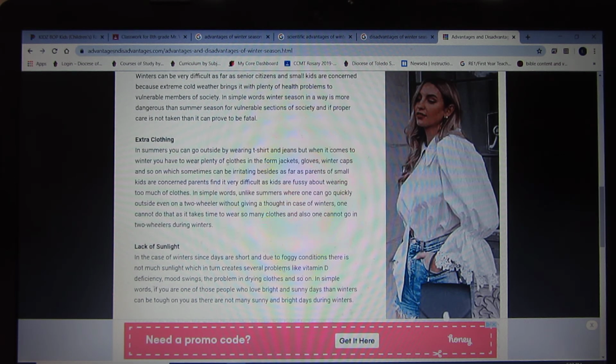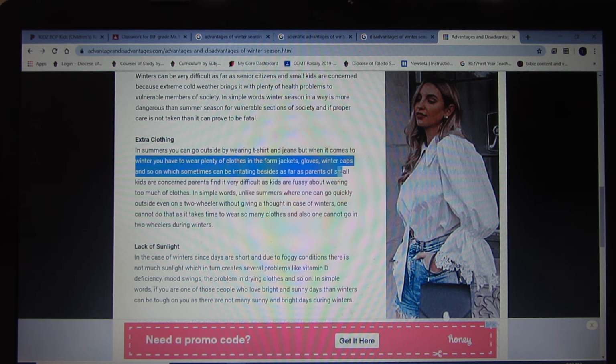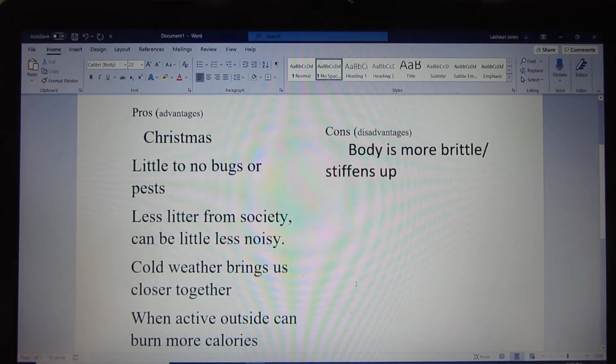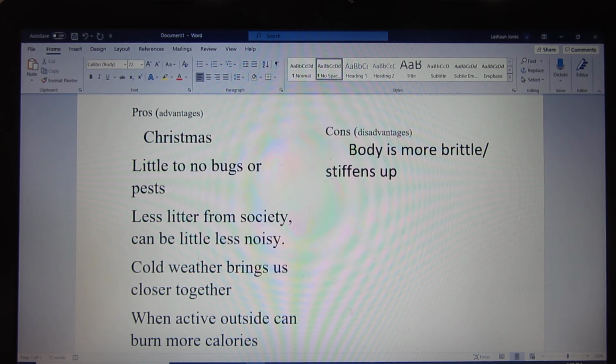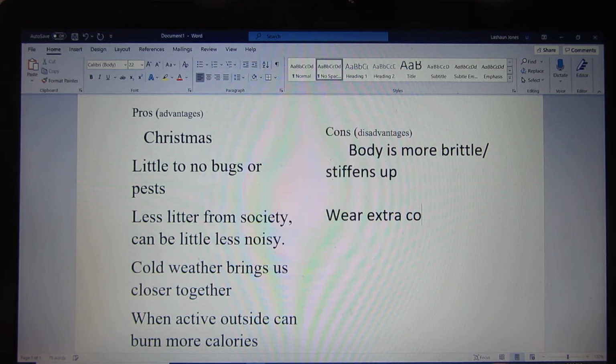Let's not worry about that one. Let's talk about extra clothing. It says you wear plenty of clothes. So you have to wear extra clothing to stay warm.